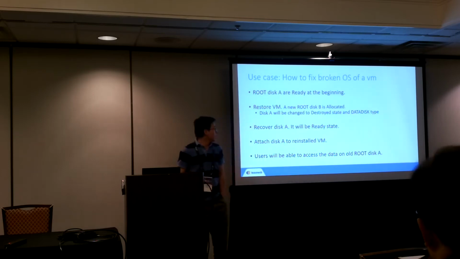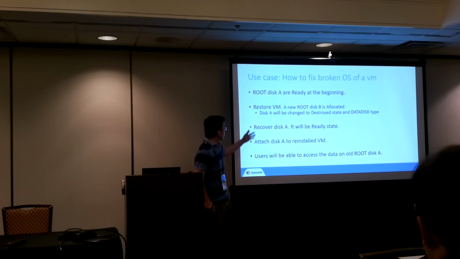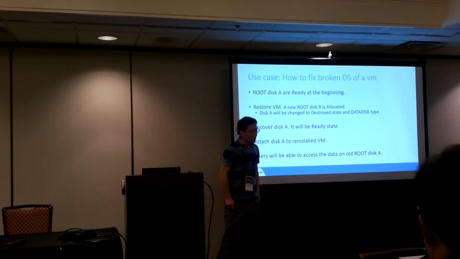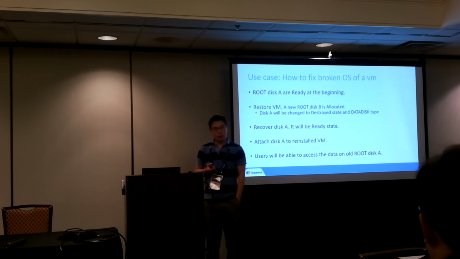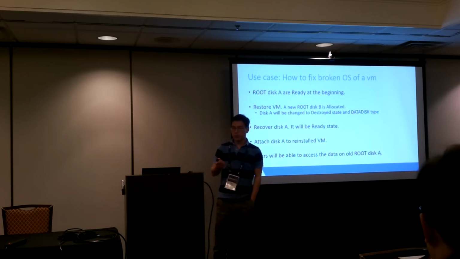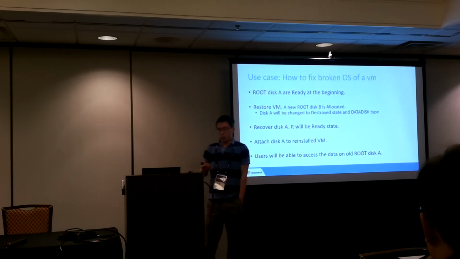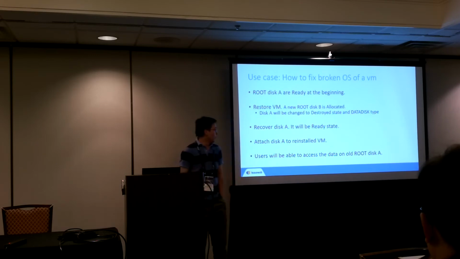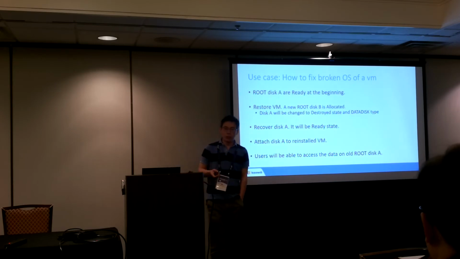After our change, when we restore the virtual machine, it will allocate a new root disk, and the old root disk will be in destroyed state. We are able to recover the root disk in destroyed state, and then attach it to the new virtual machine. So we are able to get the data on the old root disk.